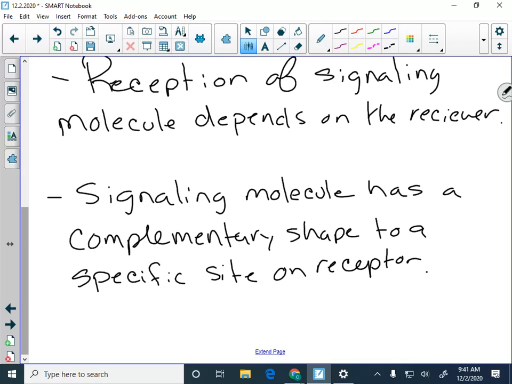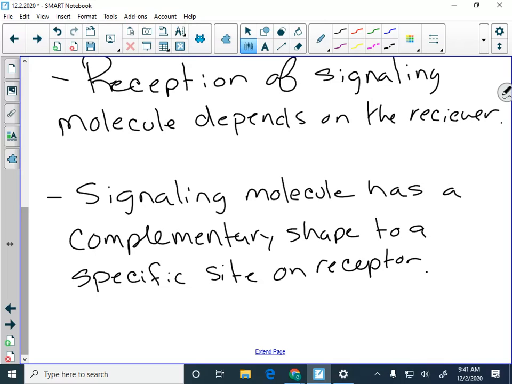And that's pretty much true of all signaling molecules, no matter where they are or what kind of cell they exist in. They all have sites where the signaling molecules bind or interact, and they are all relatively specific.